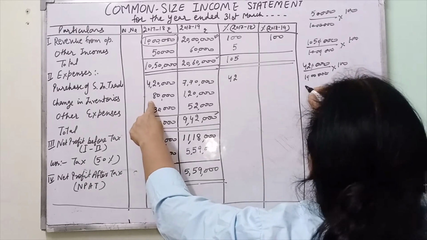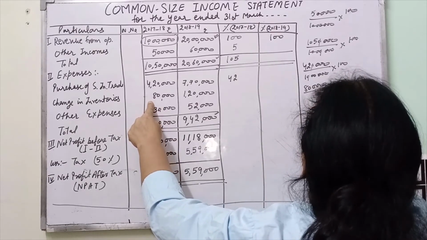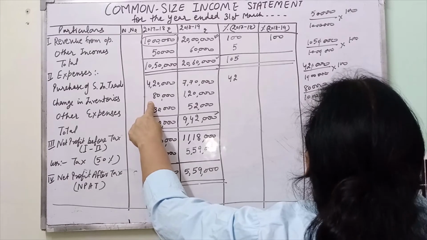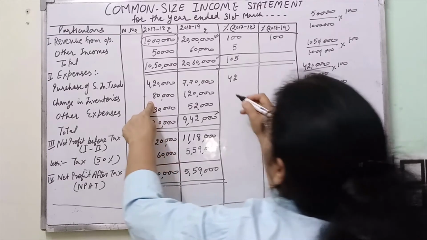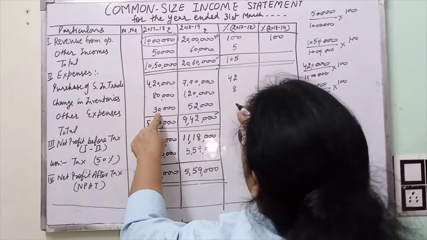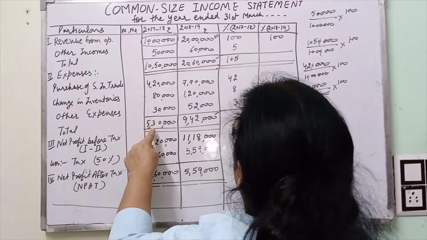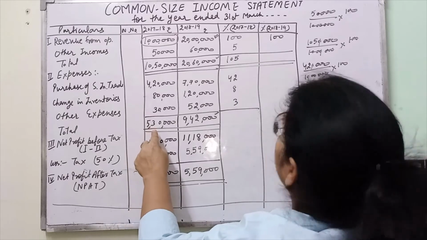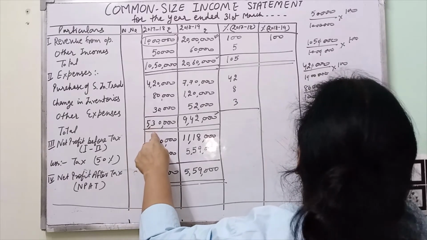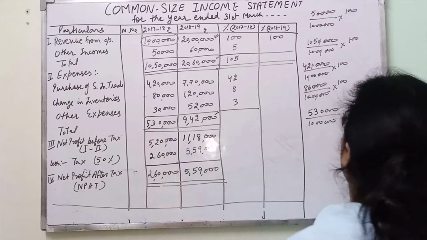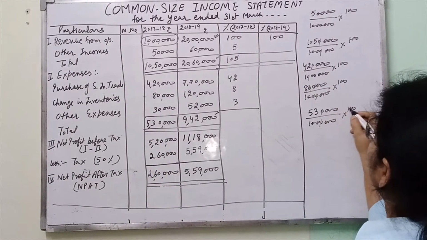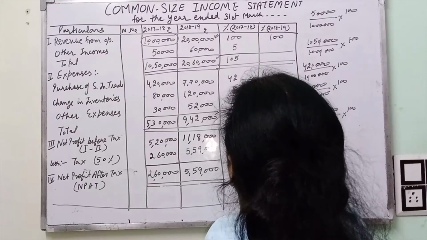In the same way, 80,000 divided by 10 lakh multiply by 100. 8%. 30,000, 3%. Total will be 5,30,000 divided by 10 lakh multiply by 100. 53%.